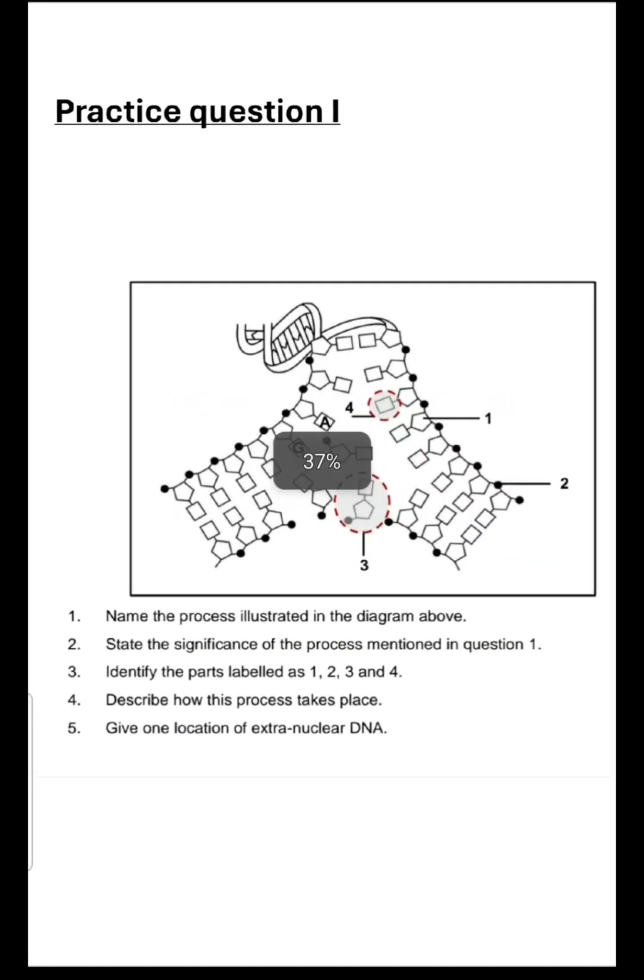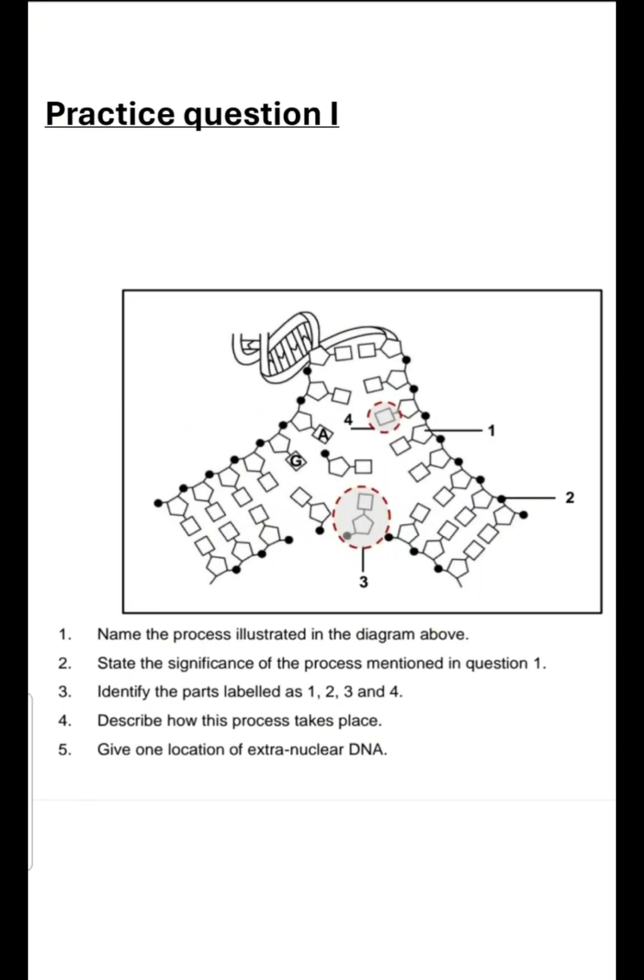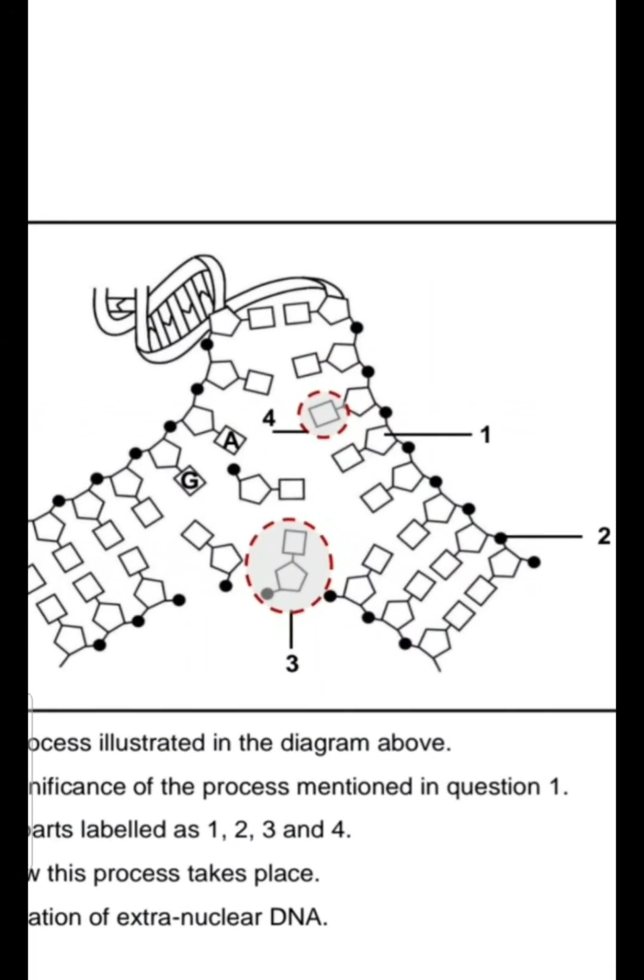All right. Let's look into number 3. Number 3 is saying identify the parts labeled 1, 2, and 3. So number 1, I think we all got it correct, which is deoxyribose sugar. Then number 2, I think most of you said it's weak hydrogen bonds.